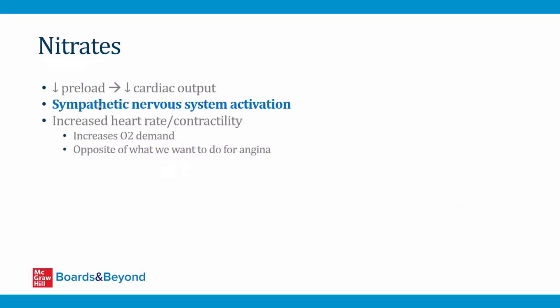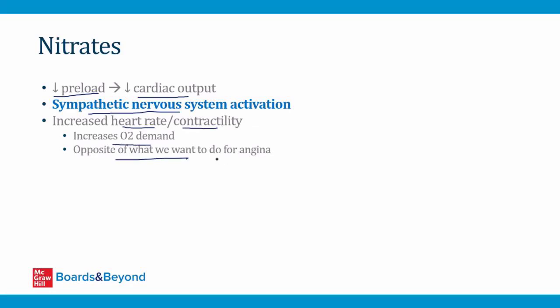So as I said, the predominant mechanism of nitrates is to reduce the preload by dilating veins, and this lowers the cardiac output. Now, because the cardiac output falls, the blood pressure will fall, and the sympathetic nervous system will get activated. In response, the sympathetic nervous system will stimulate the heart and raise the heart rate and increase contractility. This increases oxygen demand.